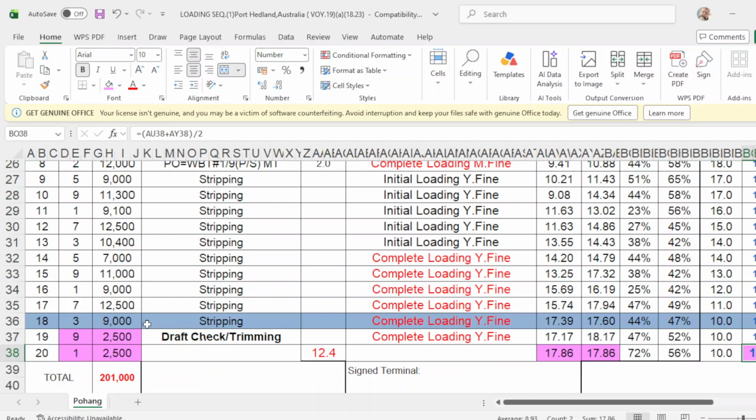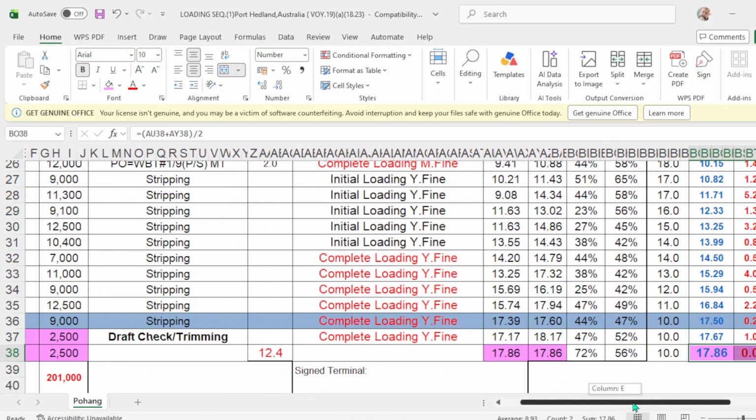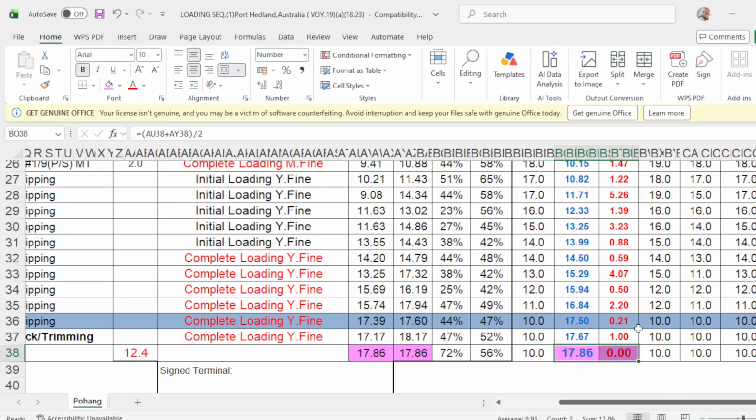So let's assume that they have already completed loading in number 3 of 9,000 metric tons. So the chief officer and the surveyors went down around the vessel to take a draft reading.